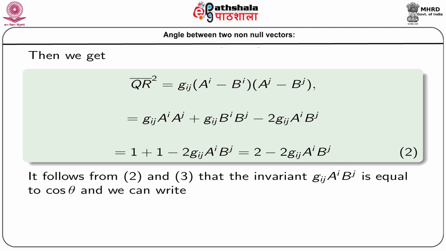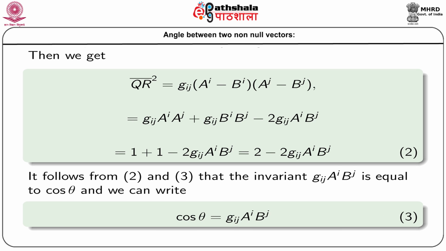So, from expressions 2 and 3, we get that the value of cos θ is g_ij a^i b^j. So, cos θ, the angle between the two non-null vectors whose components are a^i and b^j, can be obtained by this formula, cos θ = g_ij a^i b^j, as a^i and b^j are unit vectors. So, we are getting relation 4.